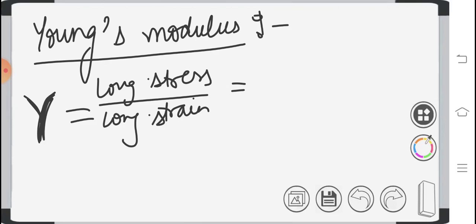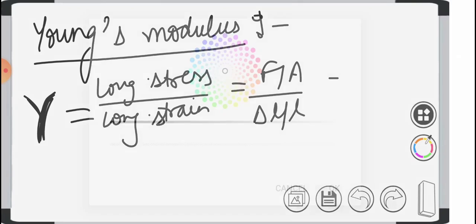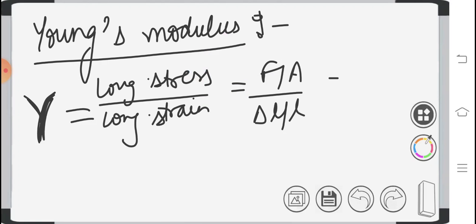Stress is pressure, that is force upon area. Strain is delta L by L. This we'll read in the solids chapter, no need to worry. So it will be F by A. Okay, so it will be... just give me a minute.